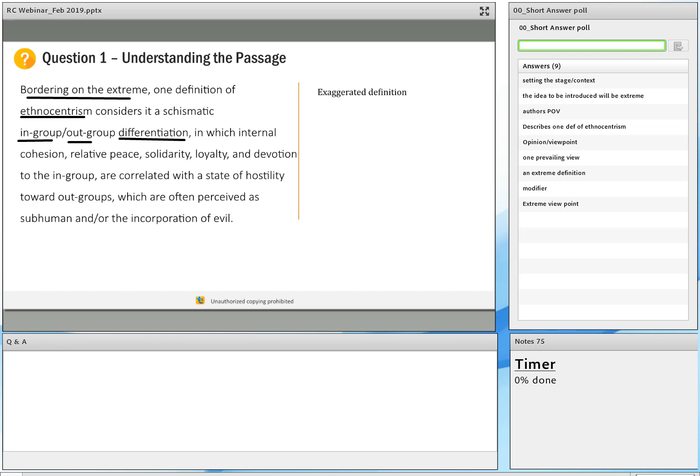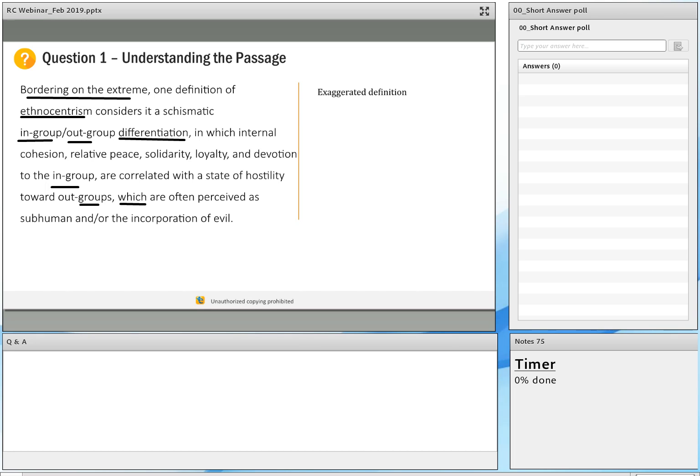In which internal cohesion, relative peace, solidarity, loyalty, and devotion to the in-group, a bunch of things that seem like good things for the in-group, are correlated with a state of hostility towards the out-group. So all of these nice things with the in-group are correlated with hostility towards the out-groups, which, and what does this "which" refer to? What does this term "which" refer to?